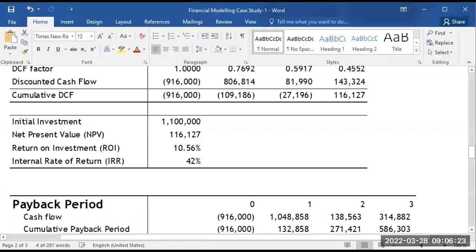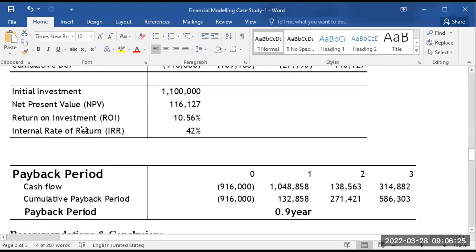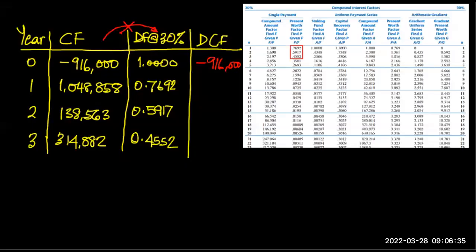What's the next one? The next is return on investment, ROI. Here it's 10.56%. How do we get the return on investment?